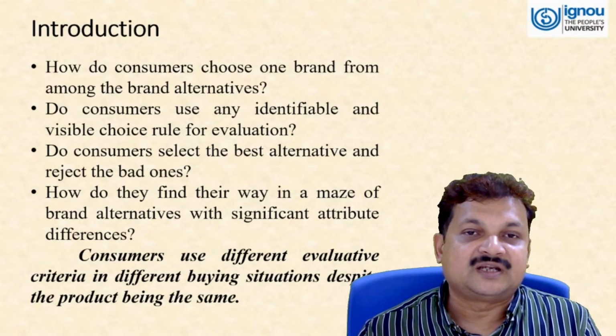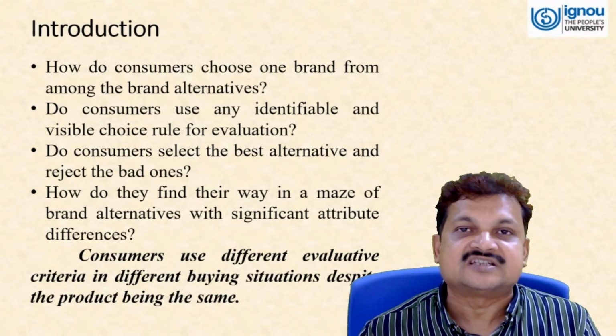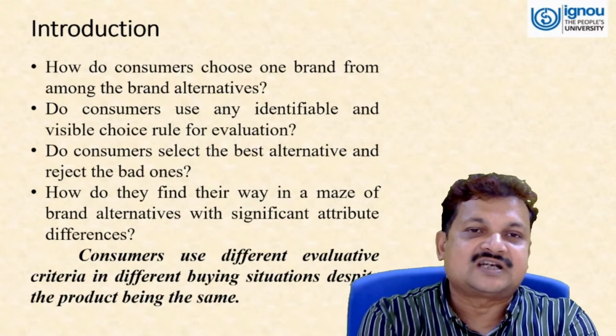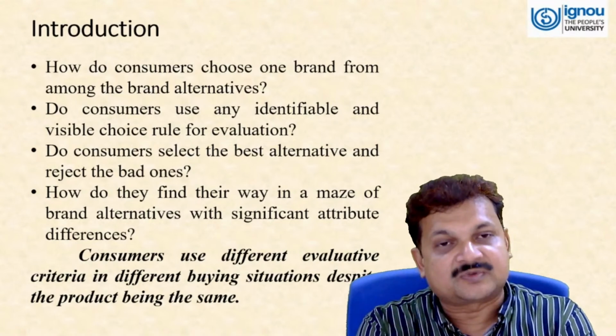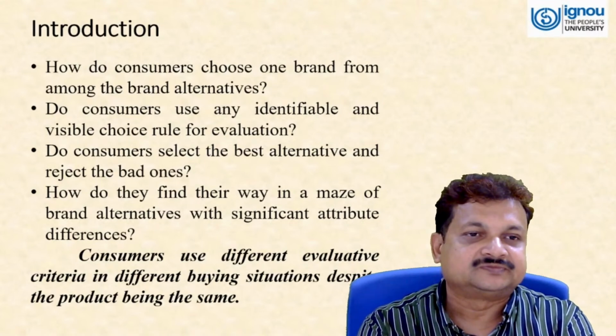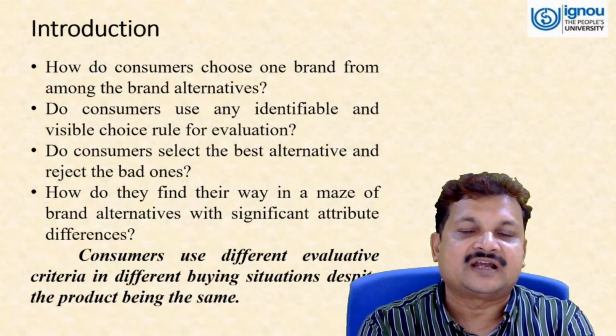We know different websites, like gadgetguru.com and smartpix.com, where you can compare different brands, be it cars, bikes, cell phones, or laptops. Here consumers use different evaluative criteria in different buying situations.